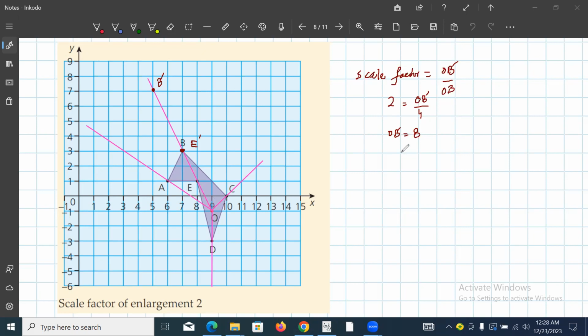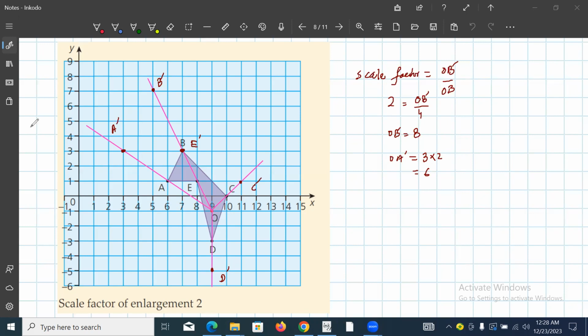So OA dash equals 3 multiplied by 2 because the scale factor is 2, so 6. 3 more, 4, 5, 6. This is A dash. O to D, we have 2 boxes, so 2 multiplied by 2, 4. So 2 more. This is D dash. Lastly, O to C, we have 1 box, so multiplied by 2, so 2. So this point represents C dash.